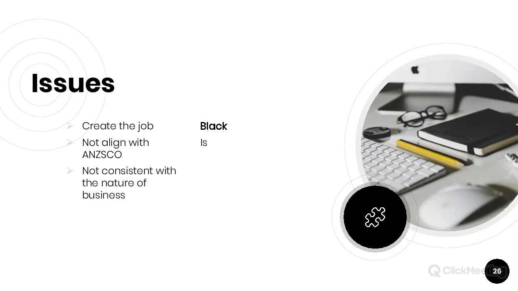This means a lot happened before under 457. Nomination can be approved, even if they create it, right? So this is quite a lot of abuse of the system, which is really unfortunate.